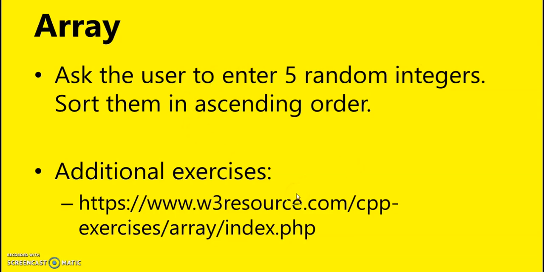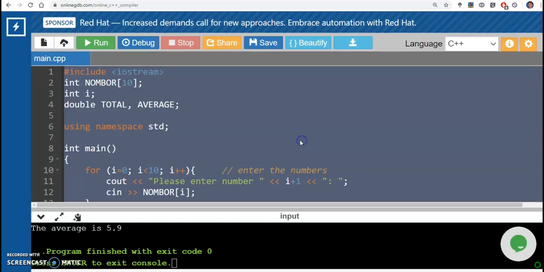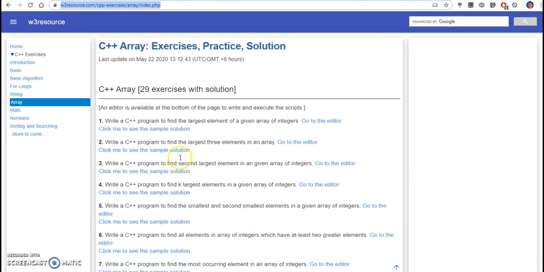If you don't find that challenging enough, you're more than welcome to go to w3resource.com and go to the exercises for arrays there. They have a list of exercises you can try, and interestingly, they have a sample solution, so you can actually learn from the solution they provide.